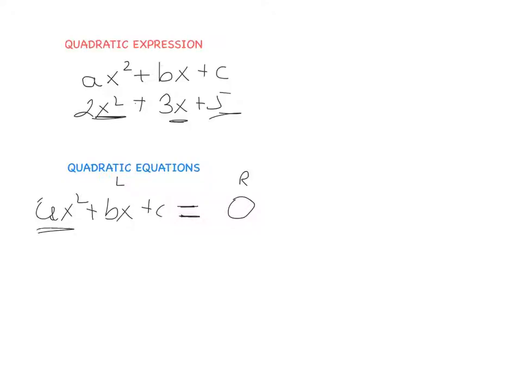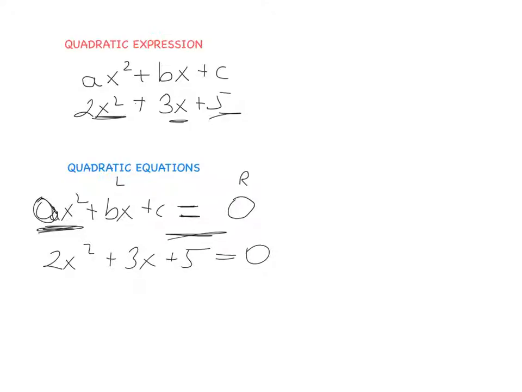We have quadratic here, and we have an equal sign. Of course, a has to be different from 0. So we can have 2x squared plus 3x plus 5 equals 0, and we will be solving this equation today using the factorizing method, okay?